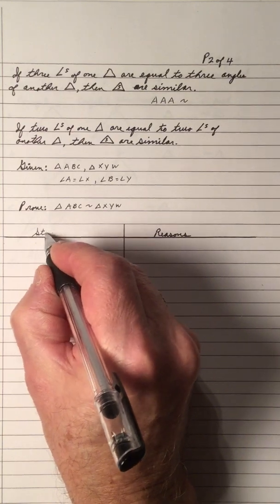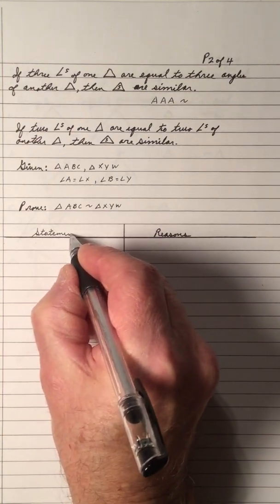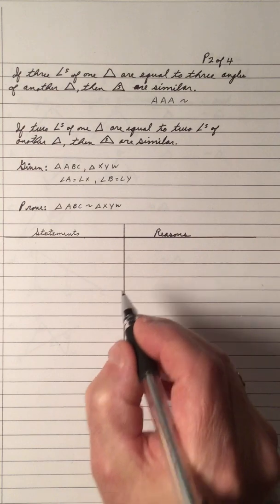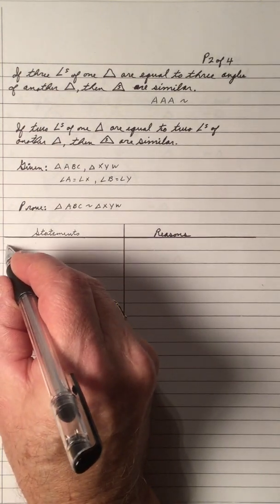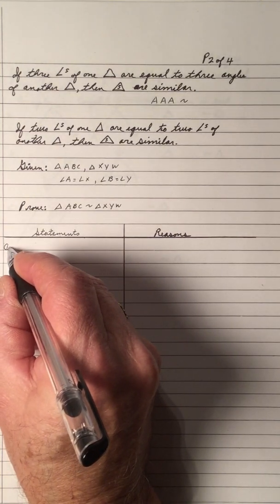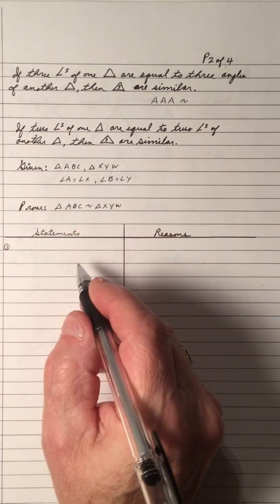So let's do the proof. What we have is statements in this column, and reasons in this column. Number one statement is normally the given.